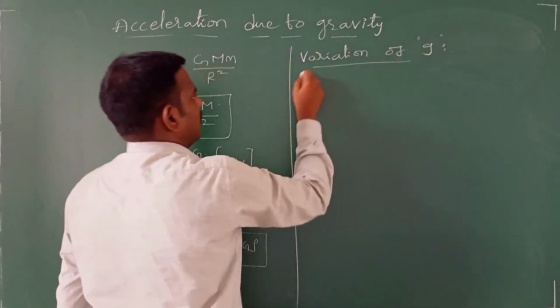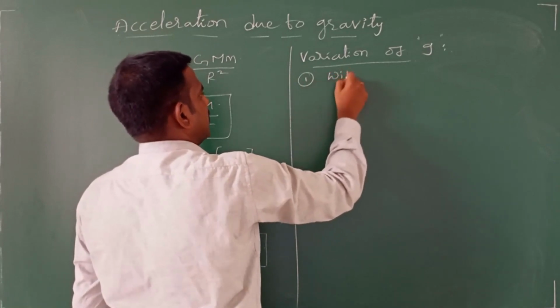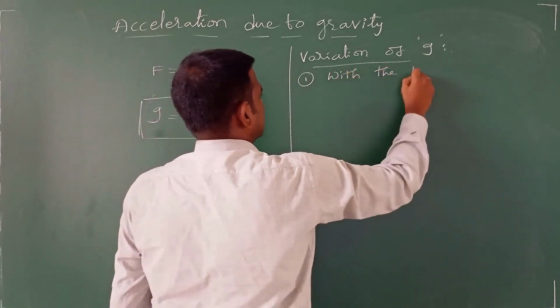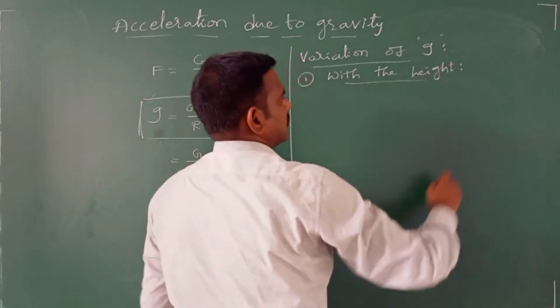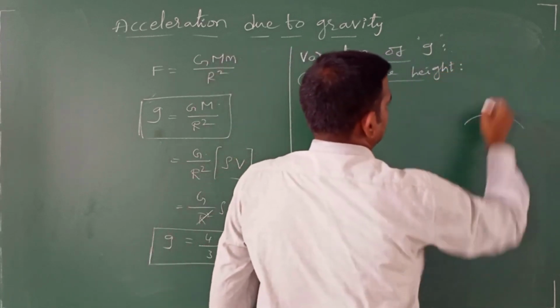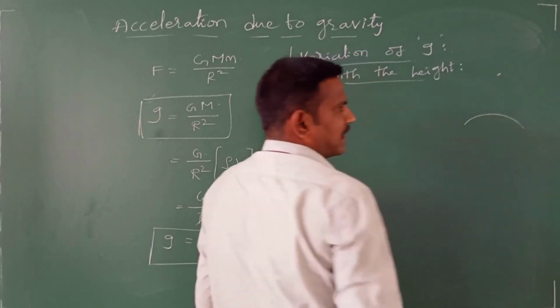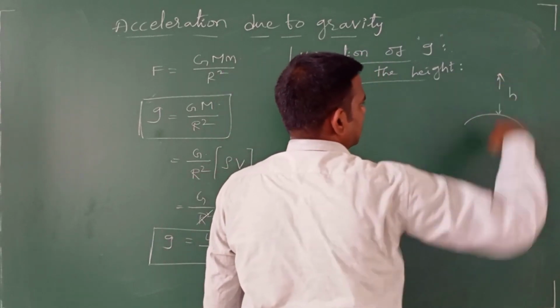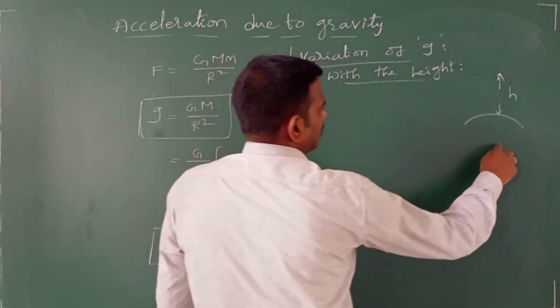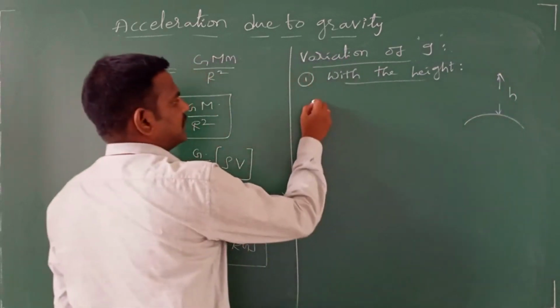Now first thing we will try to understand is how the acceleration due to gravity changes with height. So let us suppose this is the earth's surface, and here some small mass is kept such that the height from the surface is h. Now from the center of the earth to this point, what is the total distance?